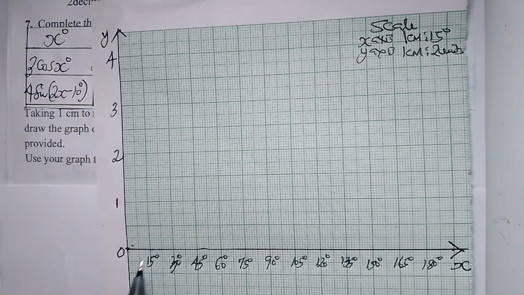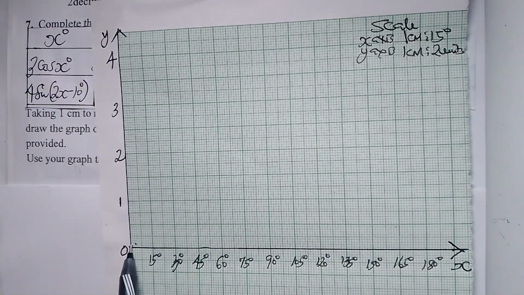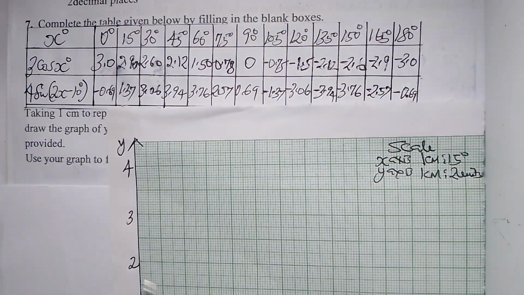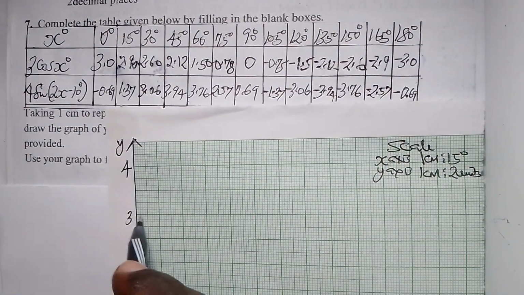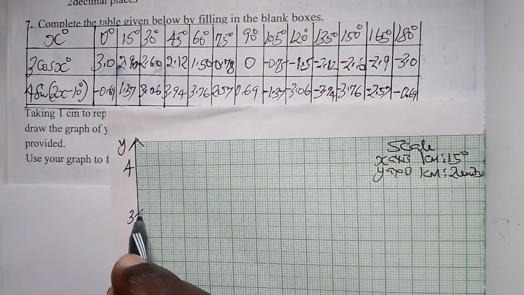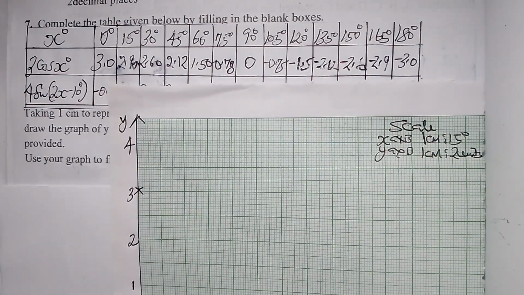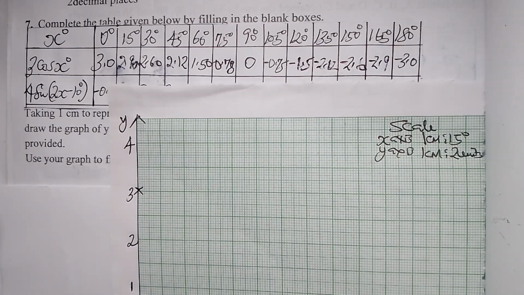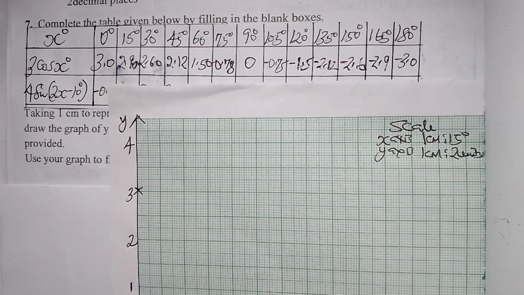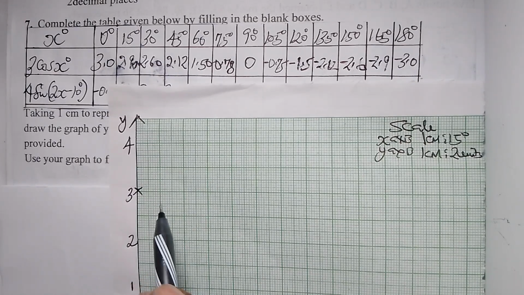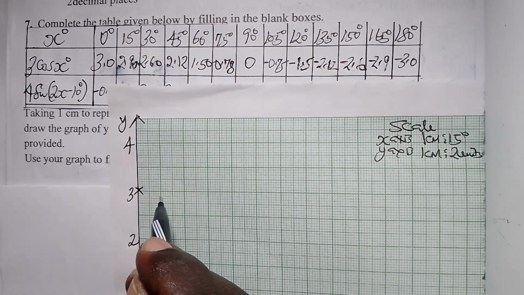So we have 0, put a mark where 3 is. 3 is up here. Put a mark there. When x is 15, 3 cos x is 2.9. According to the scale, 2.9 will be 2 small squares below 3. So put a mark here.